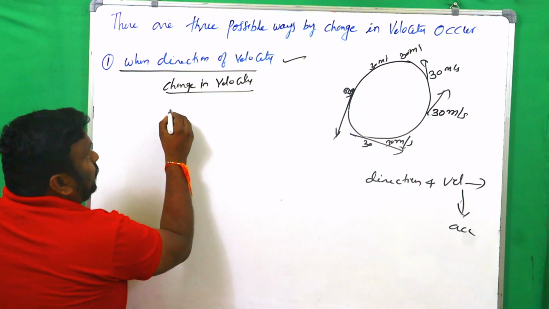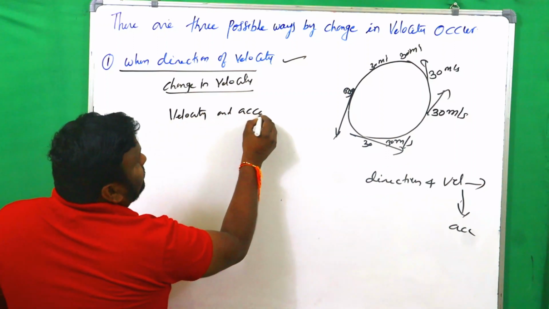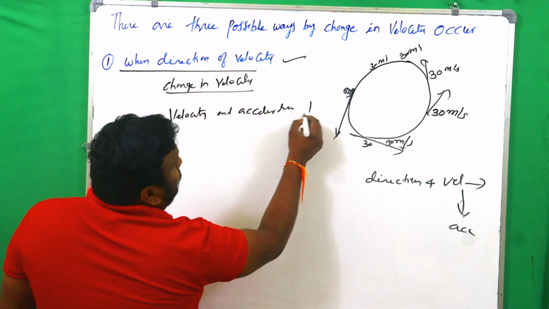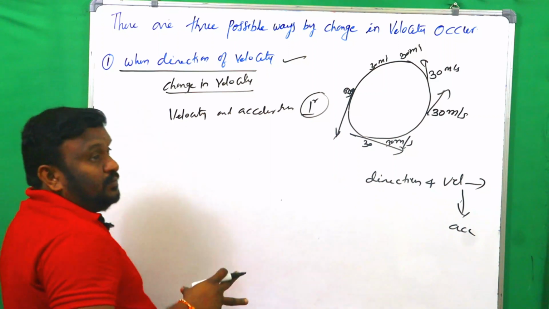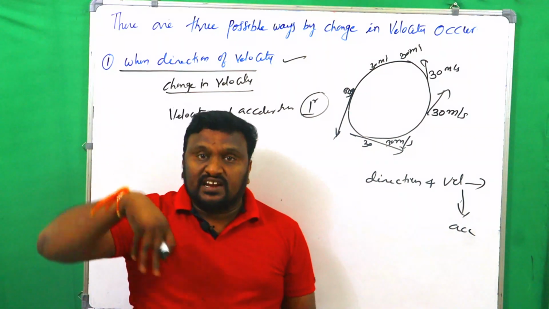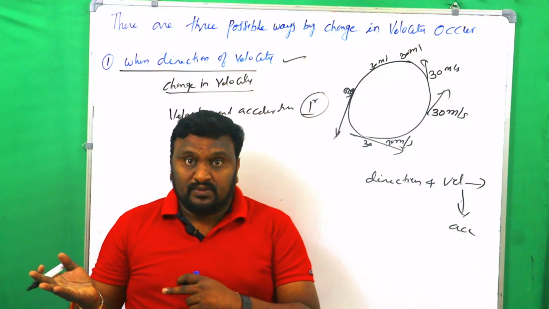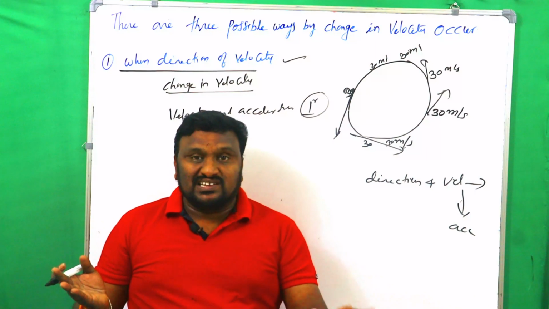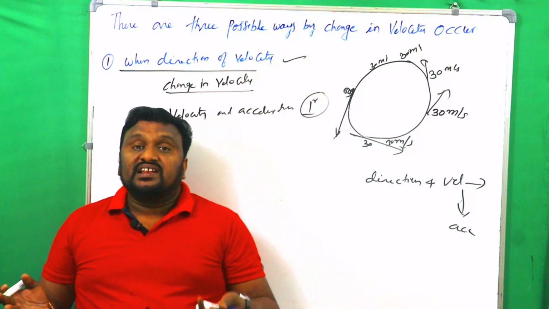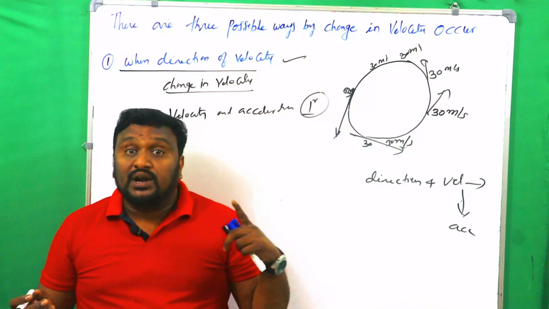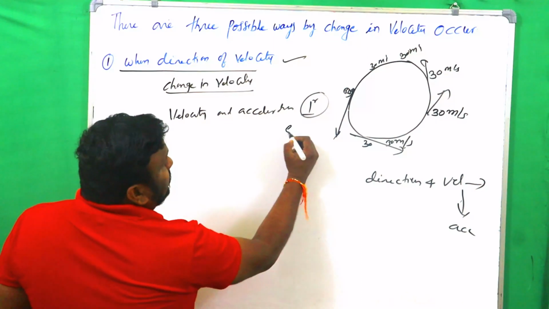In this case, velocity and acceleration are both perpendicular to each other. When a particle is in circular motion, change in velocity takes place. Change in velocity means acceleration is there. For this situation, the acceleration and velocity are perpendicular to each other.